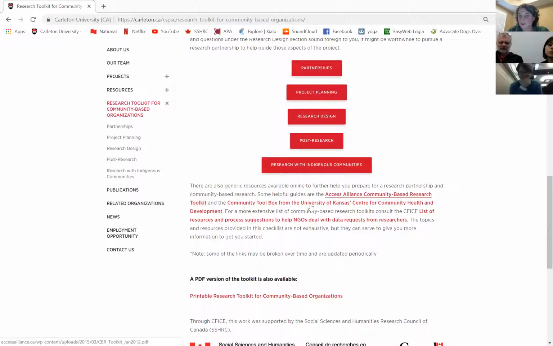These are more generic tools on community-based research, community toolbox from the University of Kansas. And then we have another list here as well. But I do remember Tamarack had a lot of information that was connected to the different resources in here. So that might be one group, and then these might be other groups or networks to look into.